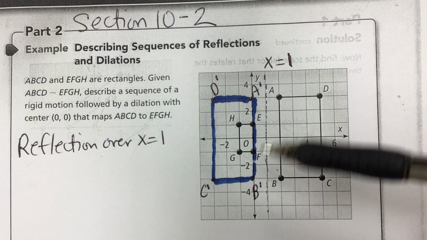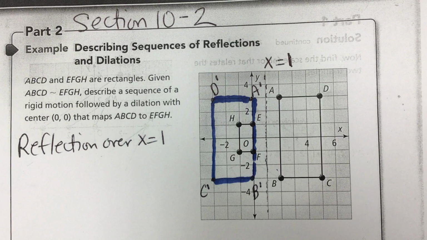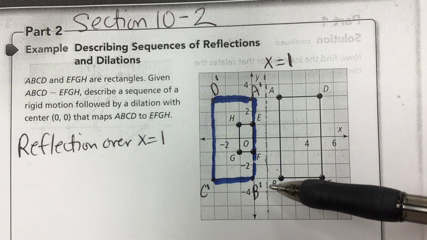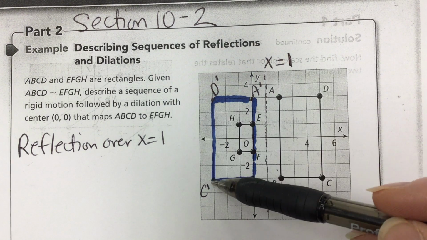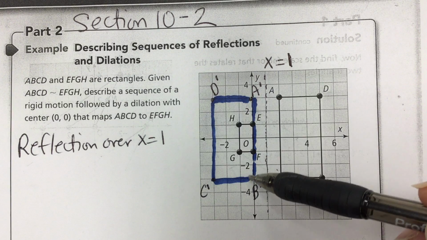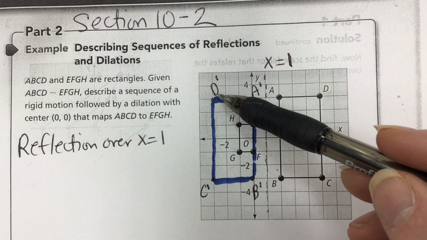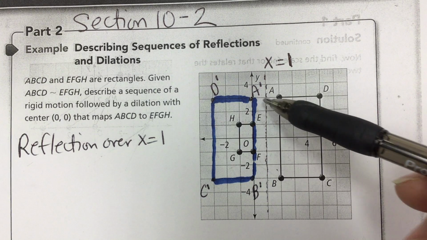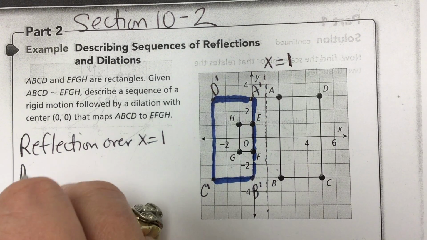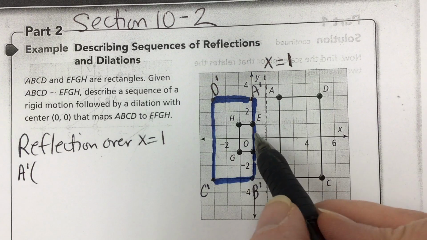So what I want to do here is to determine the scale factor. The first thing I'm going to need to do is find the ordered pairs of A prime, B prime, C prime, and D prime.